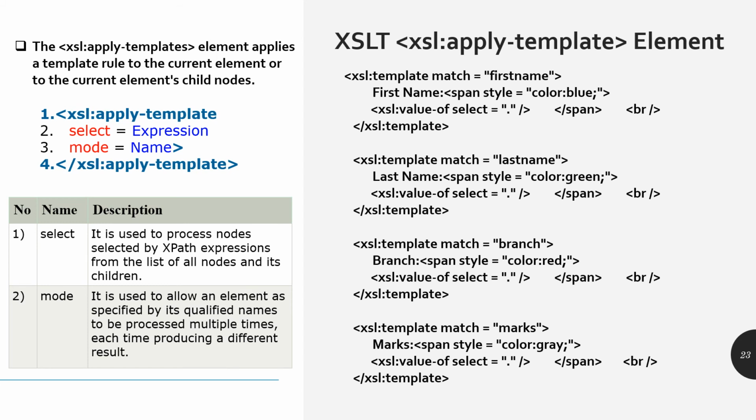Now we are going to discuss apply template. The apply template element applies a template rule to the current element or to the current element's child nodes. Suppose we want to display records, first name, last name, branch, marks and so on, one by one.